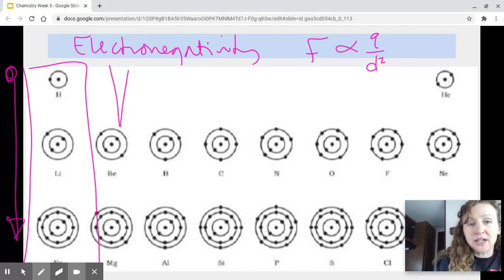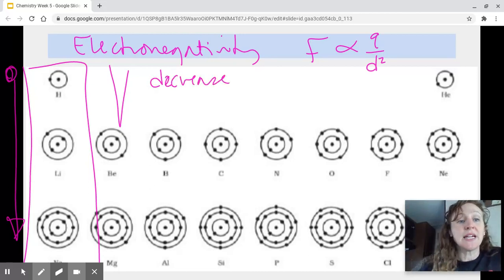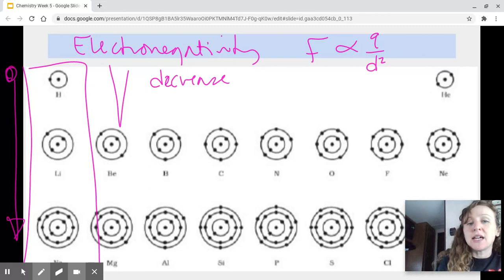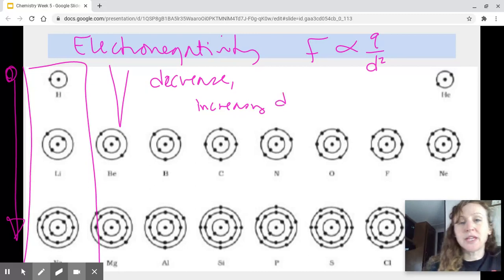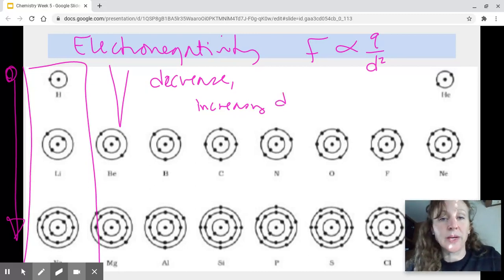And so electronegativity will decrease from the top to the bottom. Hydrogen will have the highest electronegativity. Sodium will have a lower electronegativity. And it's going to decrease because of increasing size and increasing atomic radius.